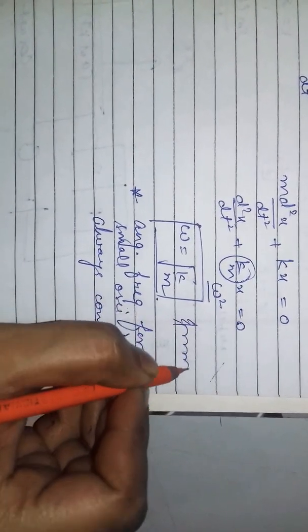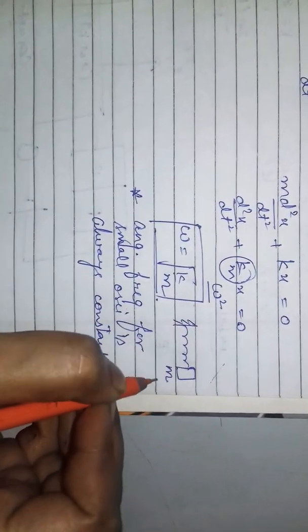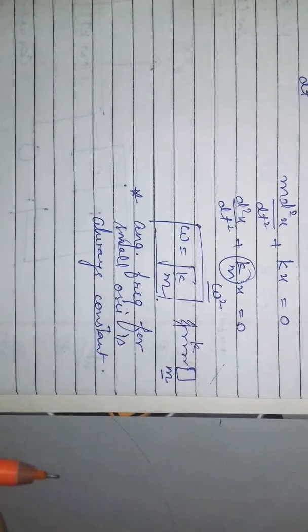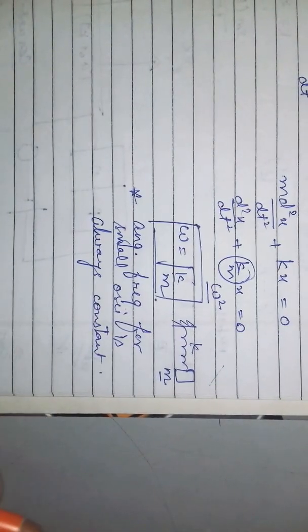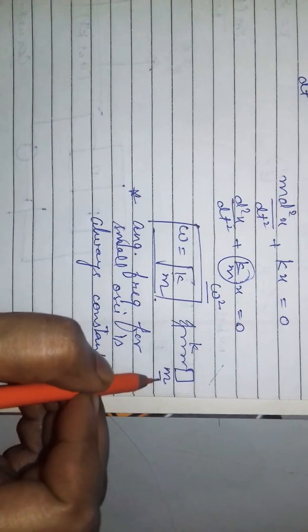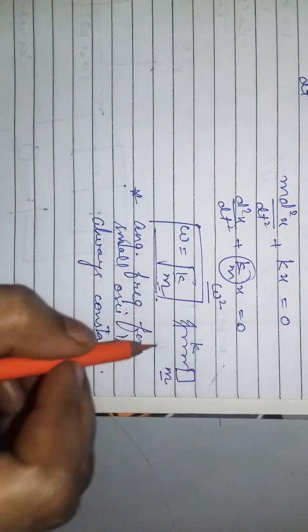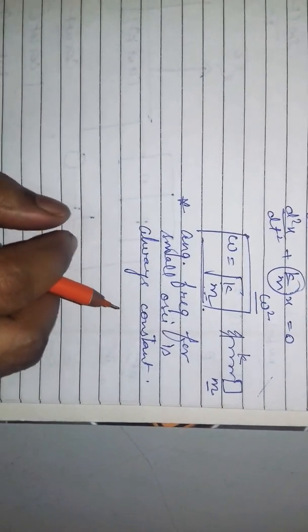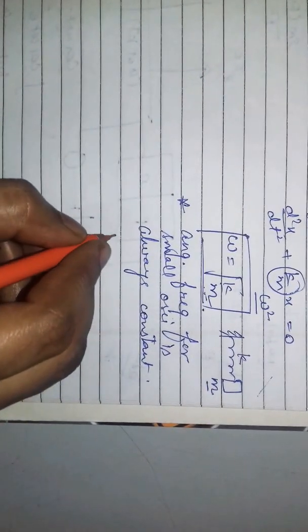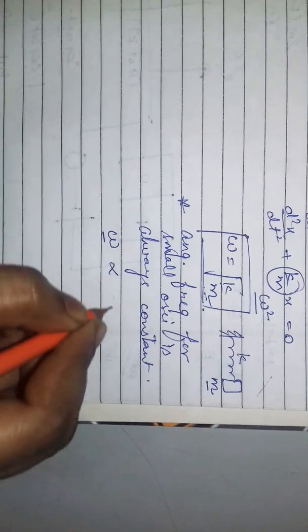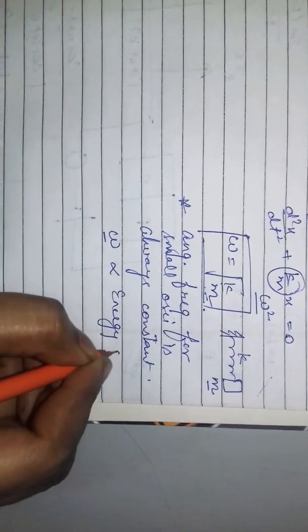If you have a harmonic oscillator of mass m and spring constant k, then angular frequency of the small oscillations only, that will be constant. But if that case is not small oscillation, then your angular frequency will depend upon energy of the system.